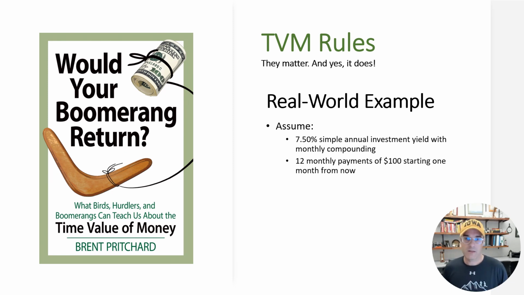Okay, the second real world example, you may have guessed that it was coming, considers an even annuity that contemplates monthly deposits of $100 for 1 year, starting 1 month from now. In other words, the payment is frequent and level or even in terms of amount and timing. So we'll be using the PMT key on our financial calculator.